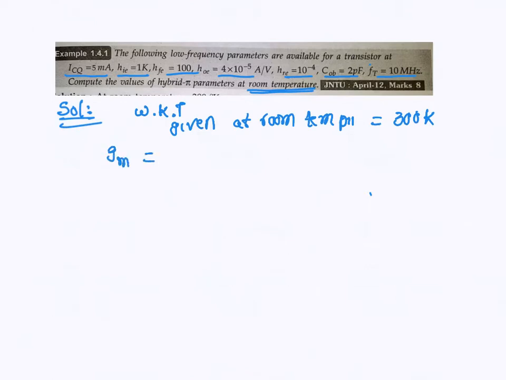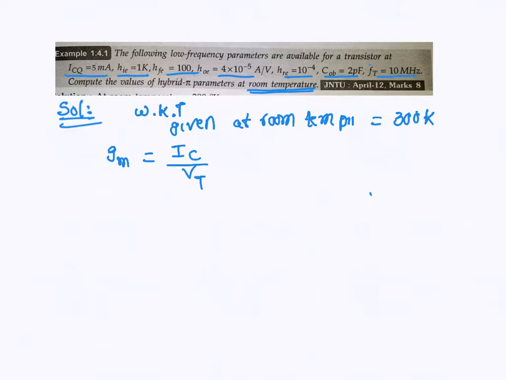So we know he has given room temperature, which is 300 Kelvin, and the formula for conductance is GM equals IC by VT.